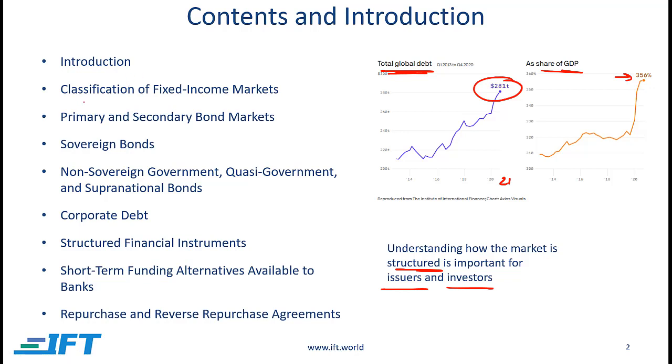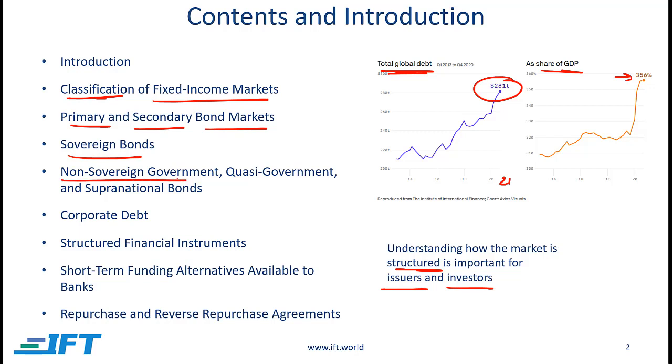Now, specifically, in this reading, we'll talk about the classification of fixed income markets. So obviously, fixed income is a larger term, but within fixed income, there are different types of fixed income markets. We'll talk about primary and secondary bond markets. We'll talk about sovereign bonds. These are bonds that are issued by sovereign governments.